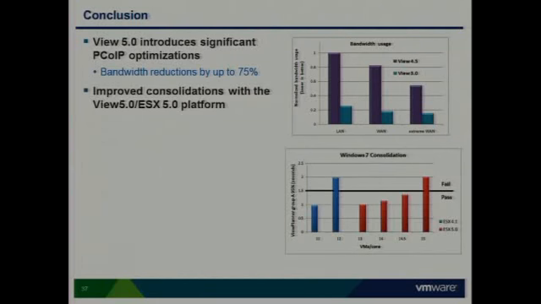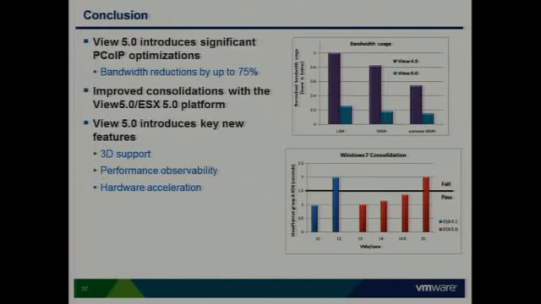We are seeing improved consolidation ratio because of both View 5.0 improvements as well as ESX 5, vSphere 5.0 platform improvements. On top of that, we have added new features in View 5.0 like 3D graphics. We have more observability because now we have PCoIP session counters. We now have session resilience, and we also have what Rishi talked about earlier, the Teradici offload cards that you can use.